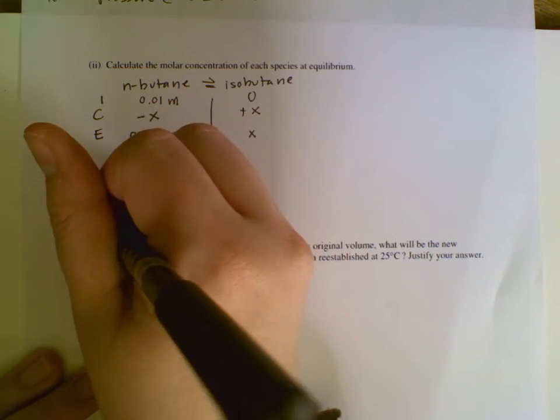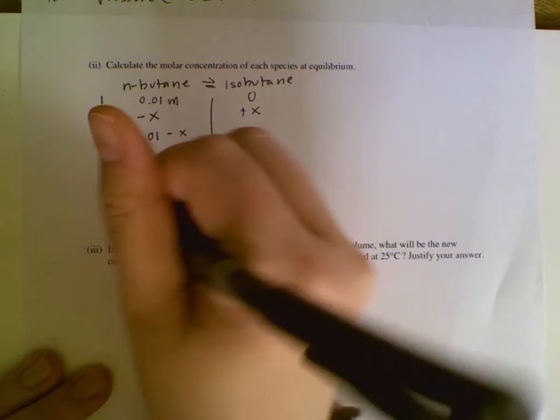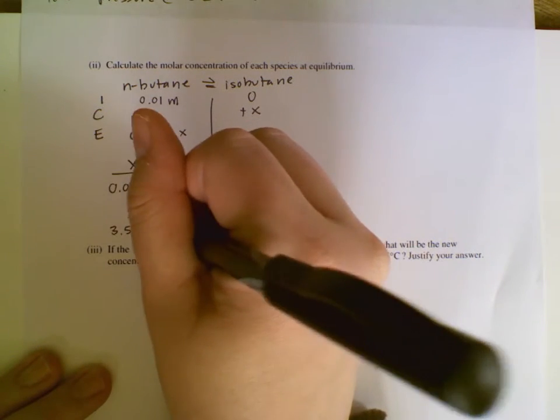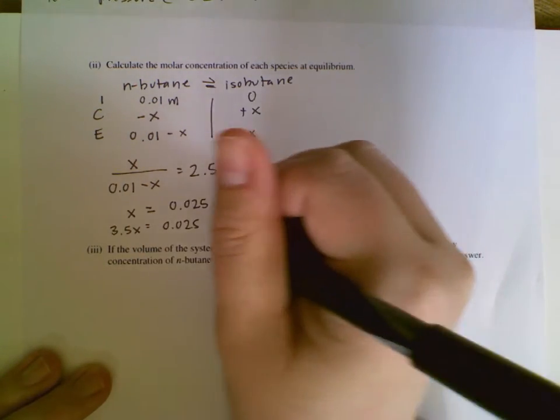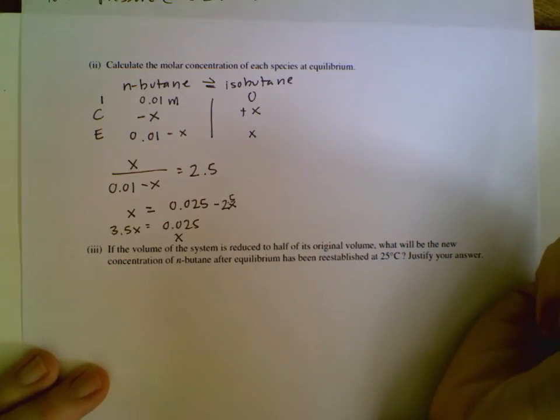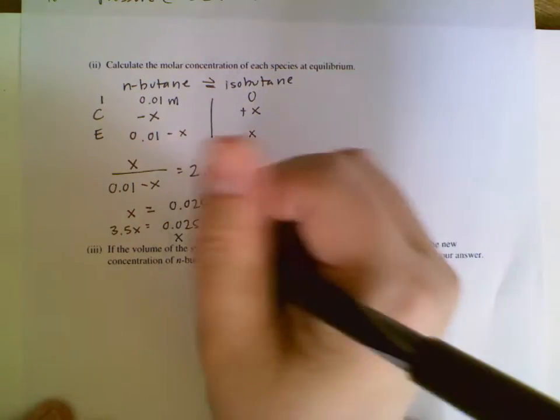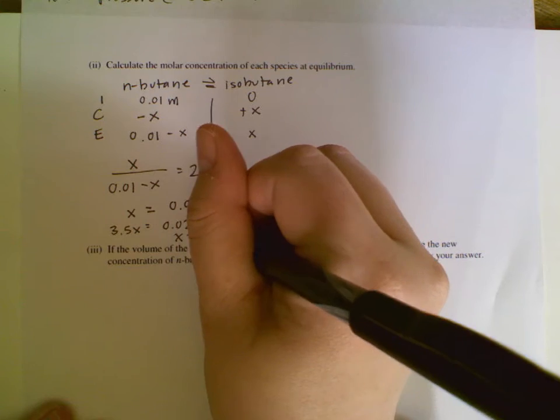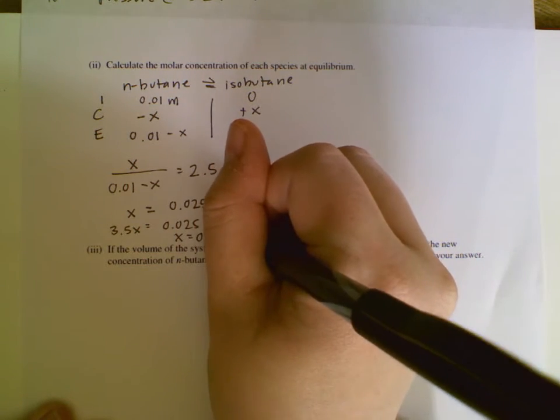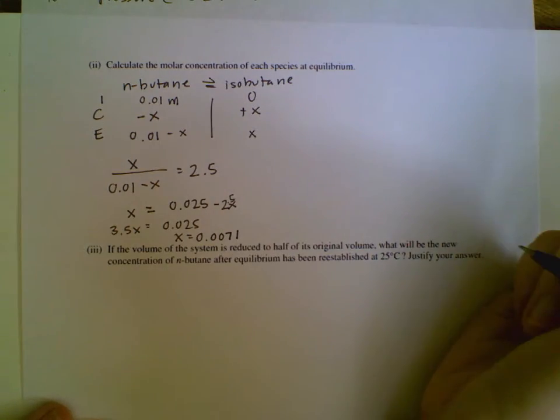So we have 3.5X equaling 0.025. And then when I solve for X, which I'm kind of cramming in here a little bit, I get an X of 0.0071. Okay, so that is molar.